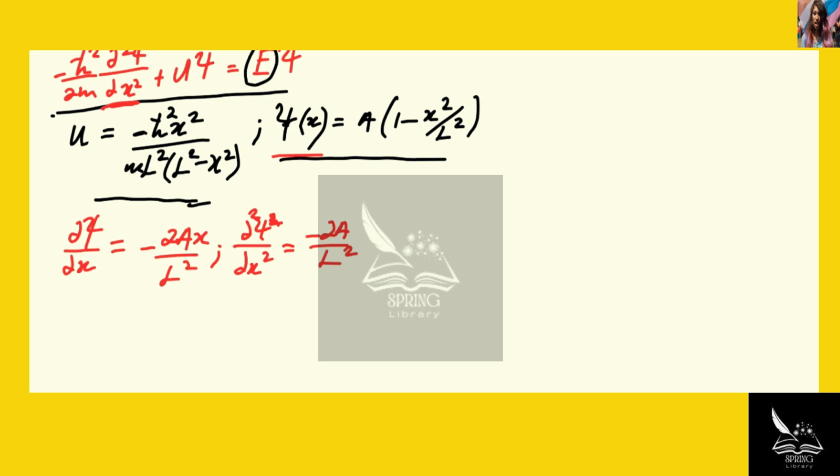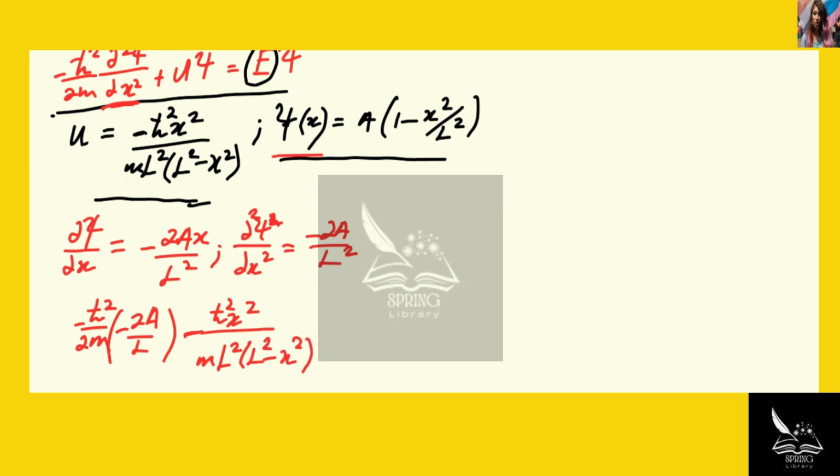So putting everything into the Schrodinger's equation. This is for the first term. For the second term, with the potential, it's negative h bar square x square over m L square minus x square, multiplied by the wave function, which is A times 1 minus x square over L square.